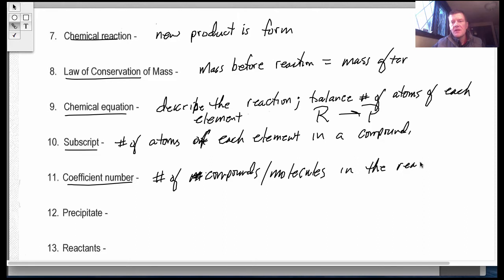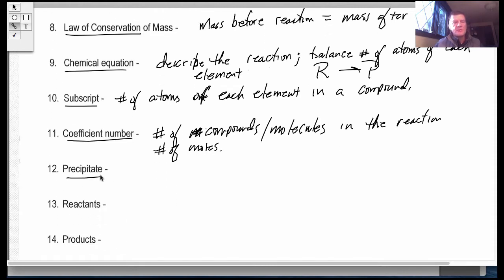And remember, that also can represent the number of moles of those compounds or molecules. Precipitate is solid formed from aqueous solutions mixed.